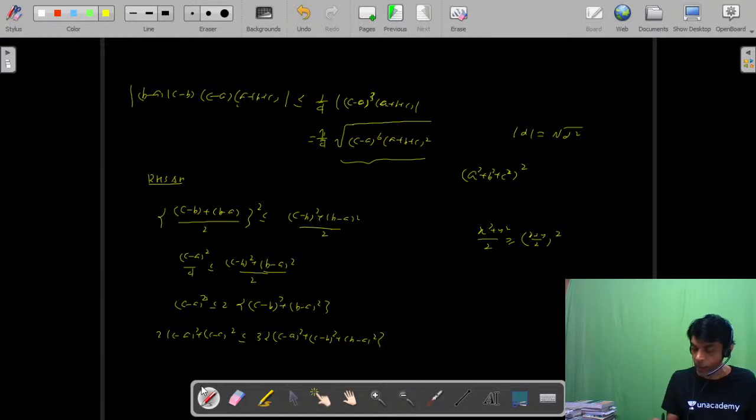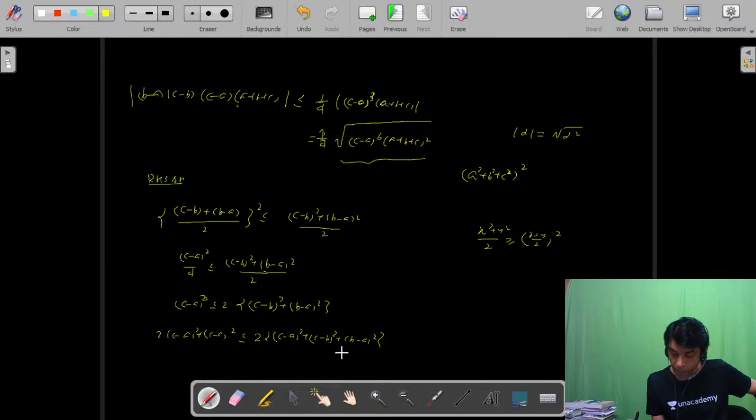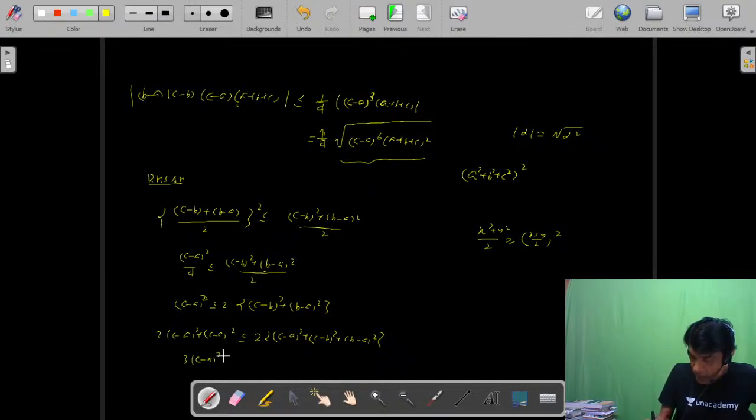Notice this thing: now you have got all things symmetric, c minus a, c minus b, b minus a. And this is good. So I can write 3 times c minus a whole squared is less than or equal to 2 times c minus a squared plus c minus b squared plus b minus a squared.